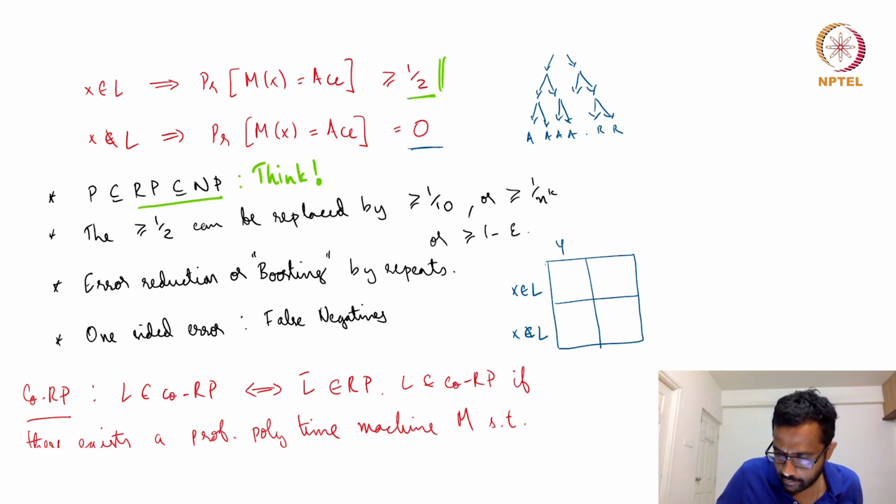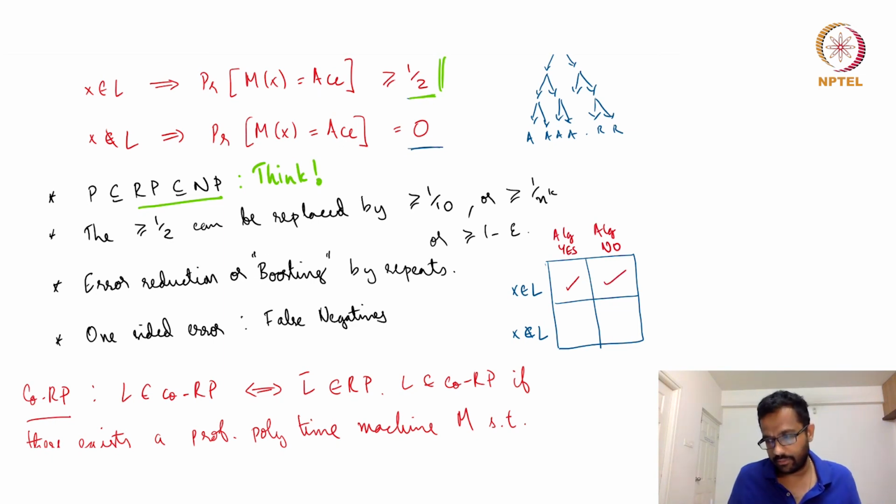And the algorithm says yes and the algorithm says no. So whenever X is in the language, the algorithm could say yes, possible. It could say no, because the probability of acceptance is only around half.